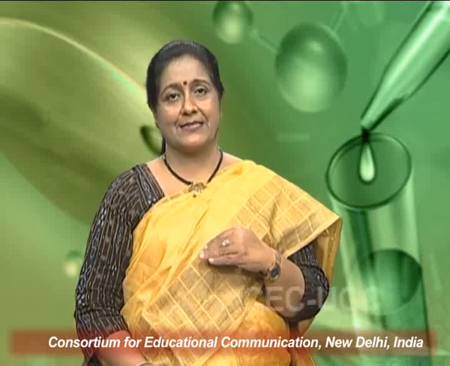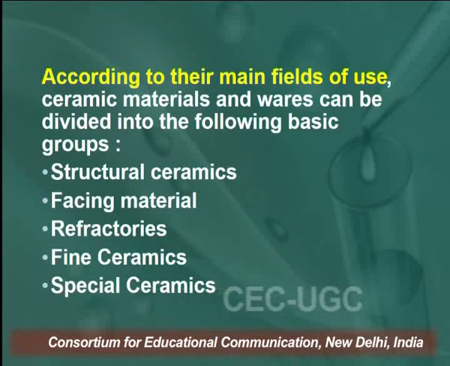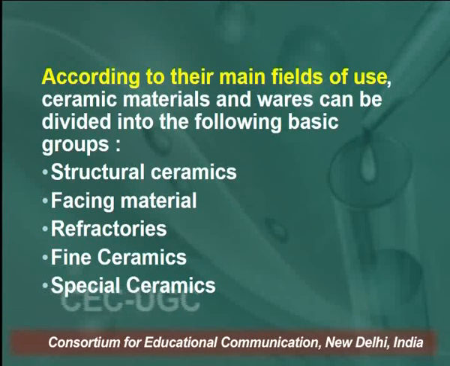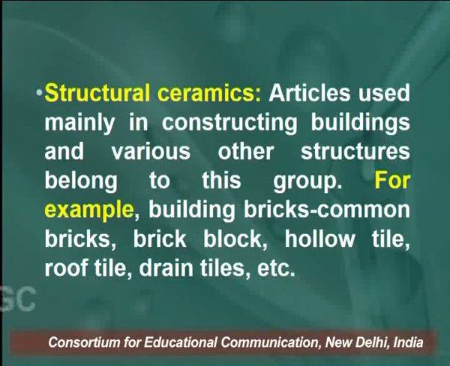Let us discuss some types of ceramics. According to their main fields of use, ceramic materials and wares can be divided into some basic groups like structural ceramics, facing material, refractories, fine ceramics and special ceramics. Structural ceramics: articles used mainly in constructing buildings and various other structures belong to this group.